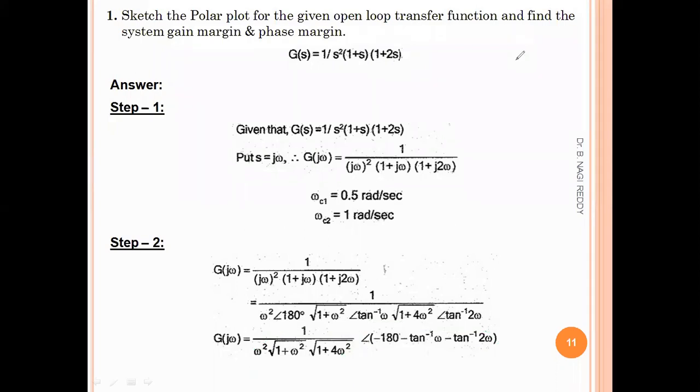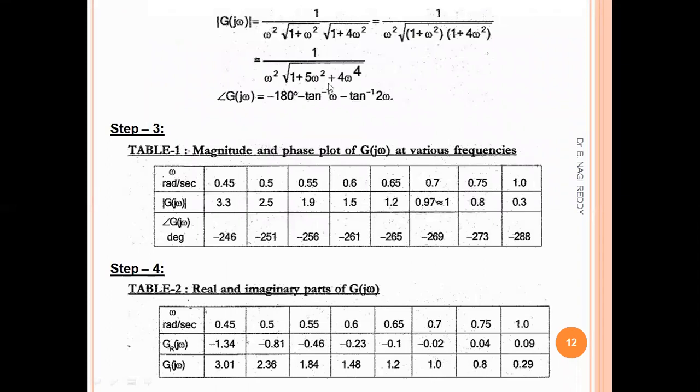Using these expressions, the magnitude can be simplified further. Just multiply these 3 terms and simplify them, then we will get the simplified expression for the magnitude. Take the magnitude expression and angle expression to compute step number 3.